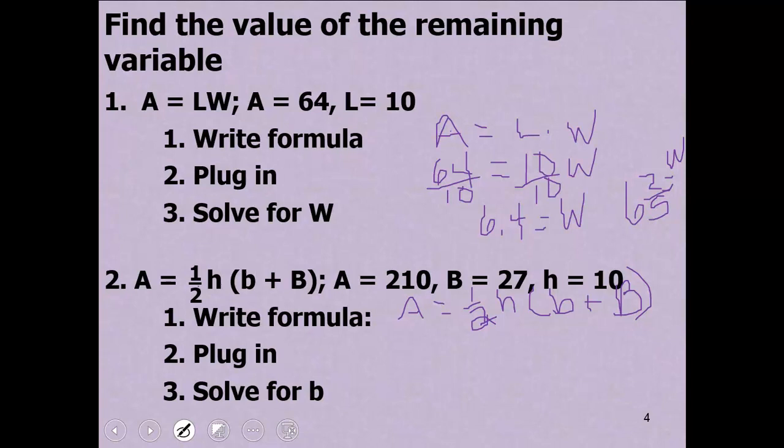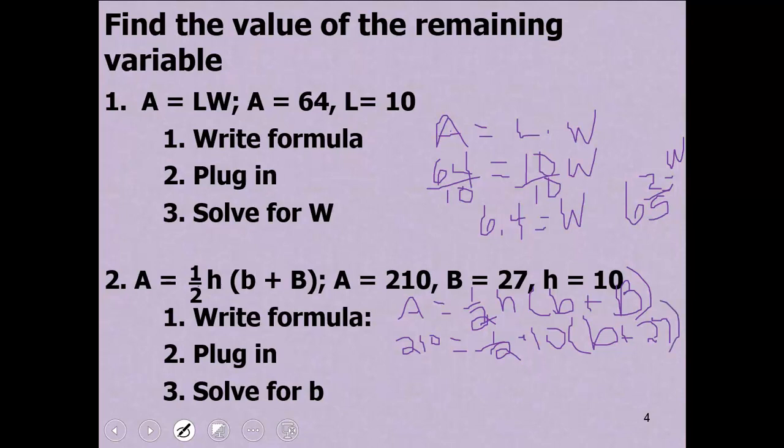So I'm given that A is equal to 210. So I have 210 is equal to 1/2. I'm told that H is 10, so I'm going to substitute that in. And then little b, I don't have a value for that, plus 27.